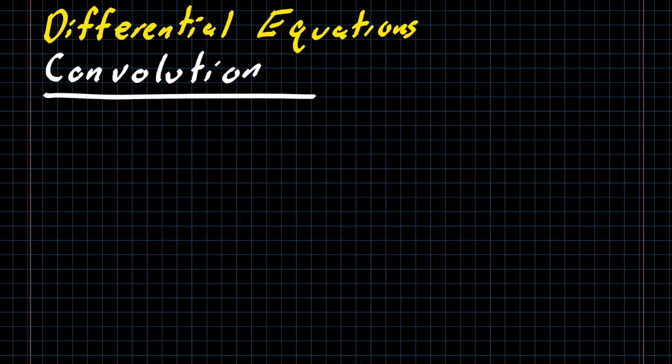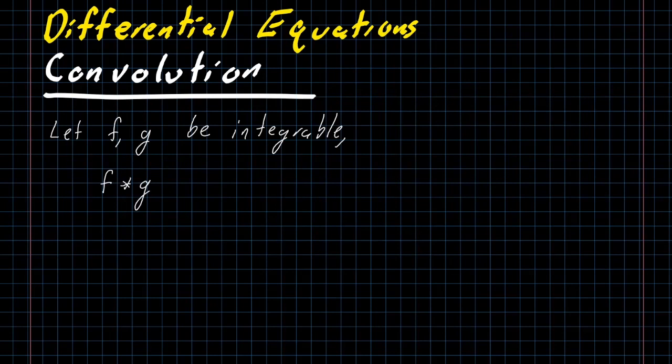If we have two integrable functions f and g, then the convolution of f and g is denoted f asterisk g, right?